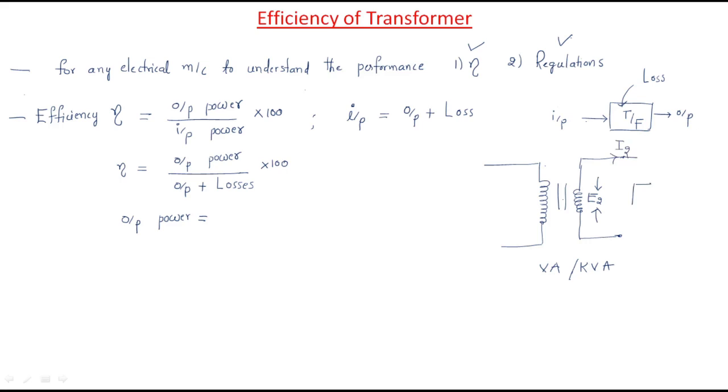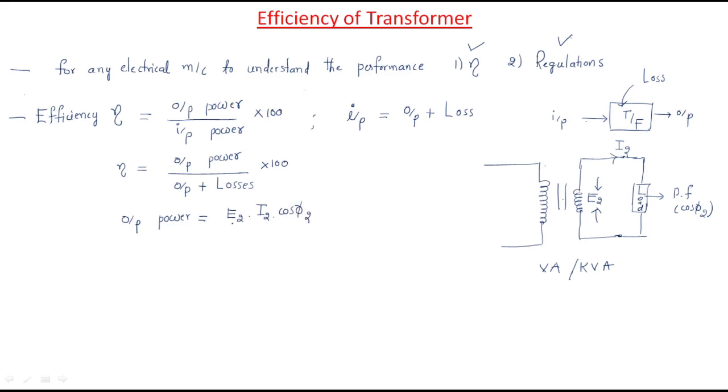The load has some power factor, lagging or leading, which you can take as phi 2. That's why the output power supplied by the transformer is the secondary induced EMF E2, the load current I2, and the load power factor cos phi 2.